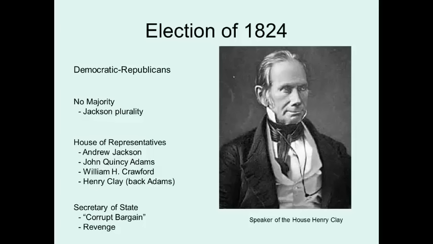And so Jackson is furious. He feels like he should have been president. He won the popular vote. He won a plurality of the Electoral College vote. But nevertheless, thanks to this corrupt bargain, John Quincy Adams is going to be president instead of him. And Jackson is going to promise revenge.